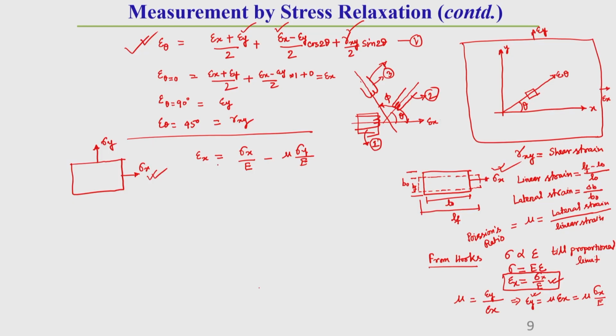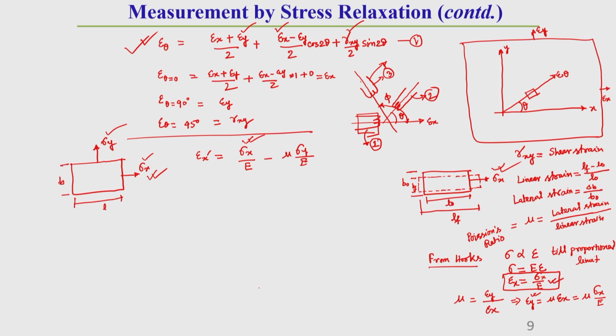Now, if a body is subjected to both stresses, sigma x and sigma y, then due to sigma x there will be a linear strain along the x direction, correct. Let me represent the overall strain along the x direction due to this two-stress condition. But sigma y will try to reduce this length direction, where this is the length and this is the breadth.